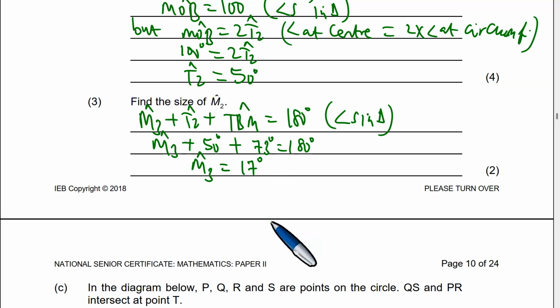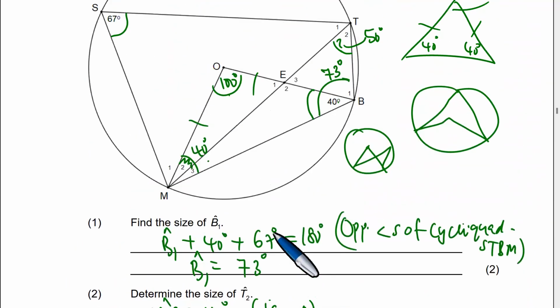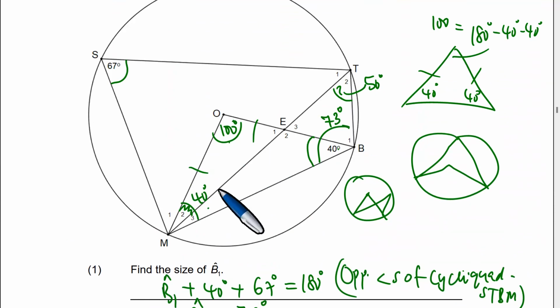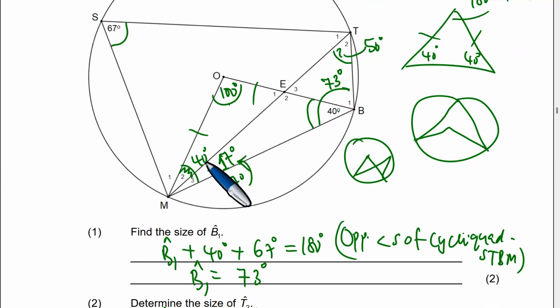If M3 is 17 degrees, we come back and put 17 degrees here. If this one is 17 degrees, obviously that's what this is. So if it is 17 degrees, what is this? M2 plus M3 is 40. The whole angle is 40. So M2 plus M3 is 40.